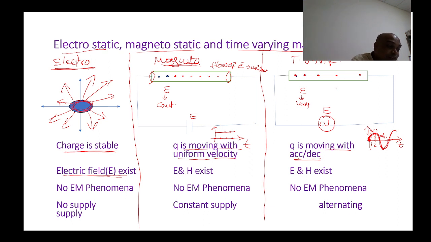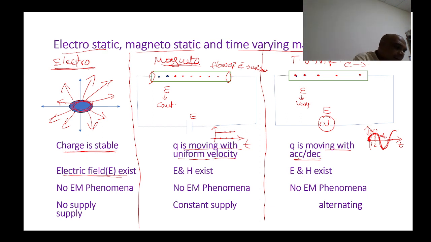But here charge is moving with acceleration and deceleration. So the electron velocity is acceleration for positive, and after that slowly decreasing means deceleration. If electron velocity is acceleration and deceleration, the flow of electrons is nothing but current.